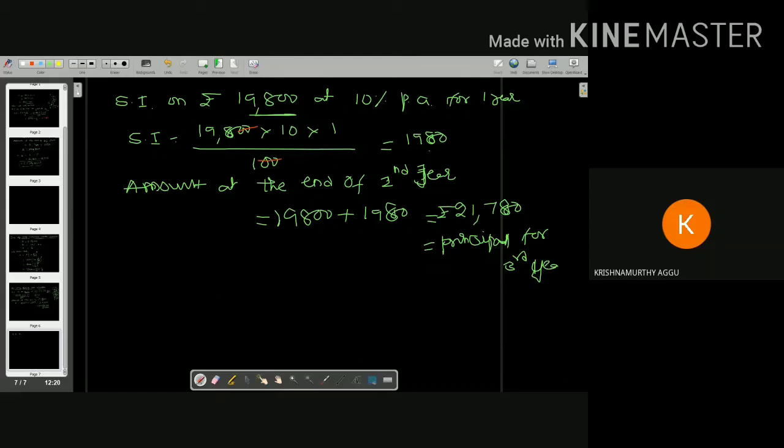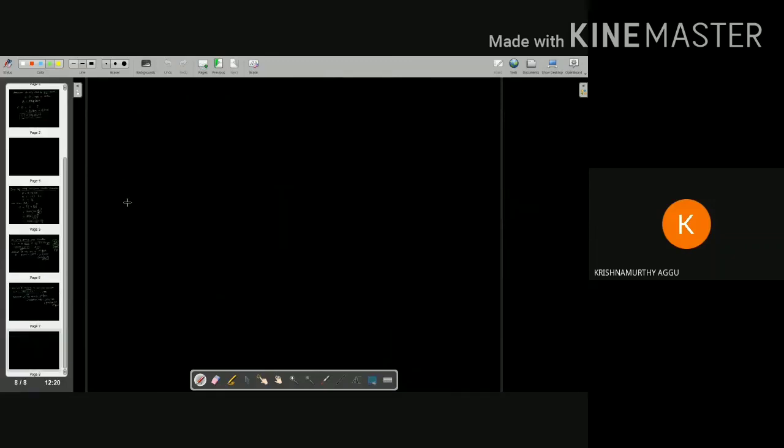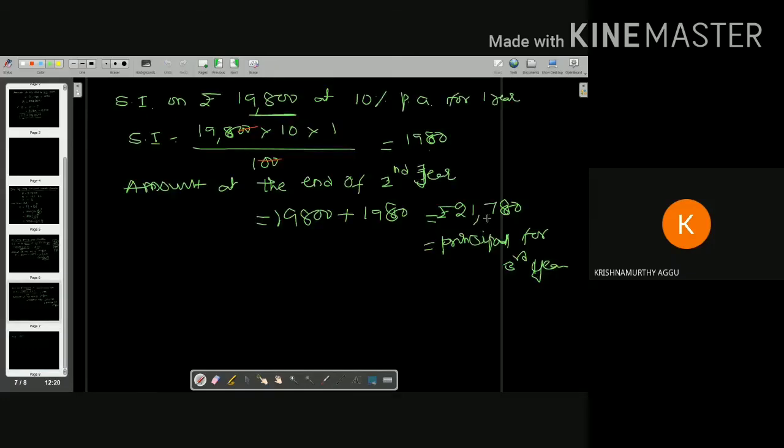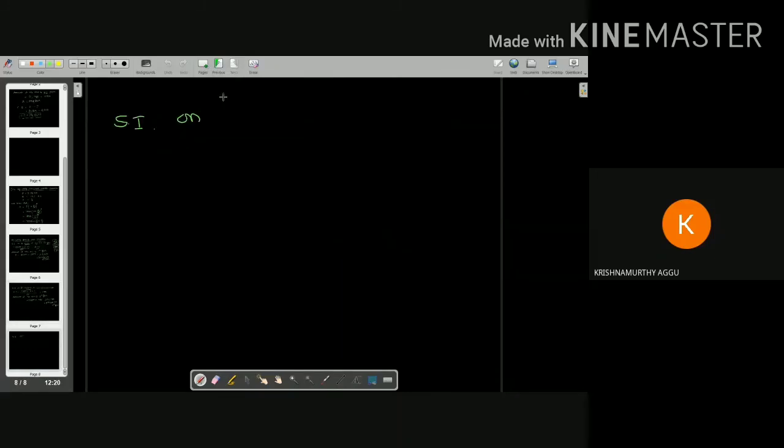Next, we have to find simple interest on this amount, 21,780 rupees, at 10 percentage per annum.